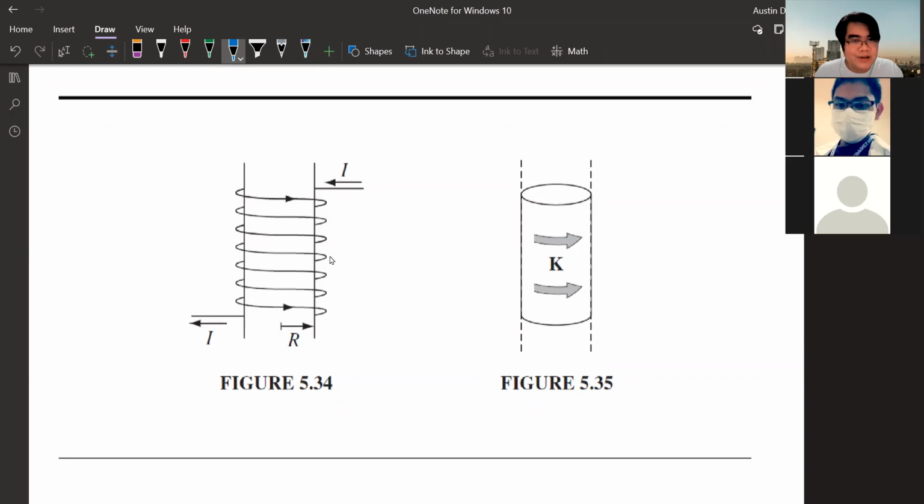So ito yung itsura ng solenoid. So may umiikot na current sa cylindrical object. Okay, in essence, pwede mo nga rin daw siyang isipin na yung cylindrical object kung binalutan mo ng aluminum foil, tapos pinadaan mo yung K like this.